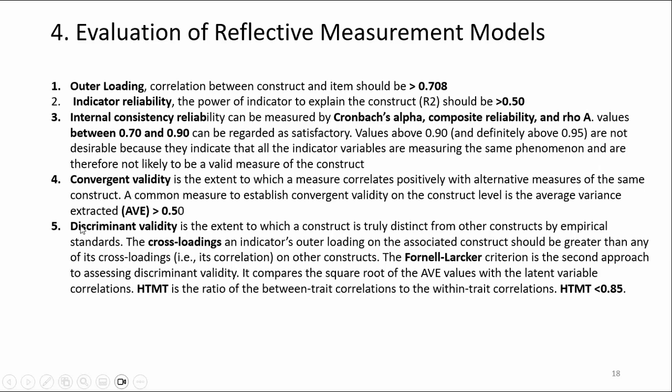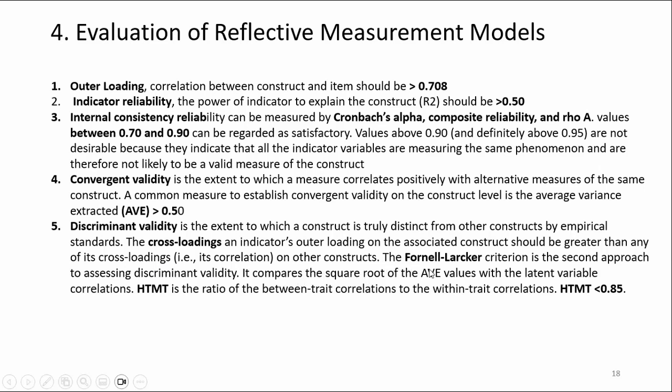And then lastly, we investigate the discriminant validity. There are three approaches to evaluate the discriminant validity. The first is to use cross-loading. The main idea is that the associated construct loading should be greater than any of the cross-loadings on other constructs.